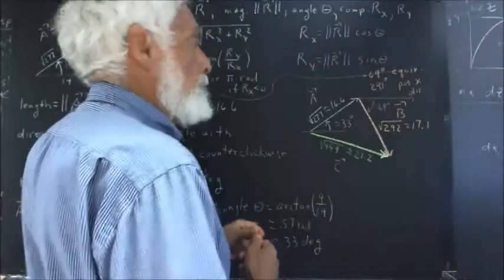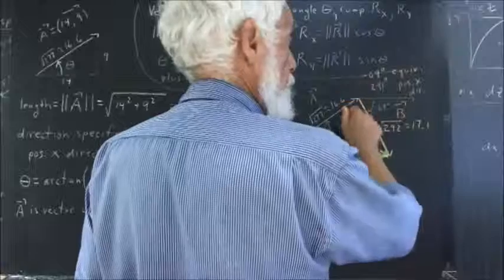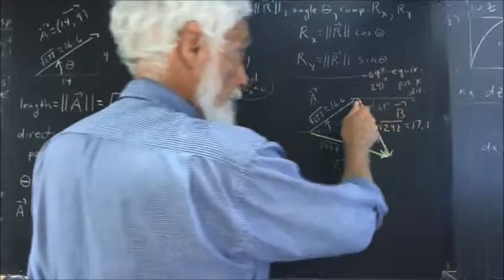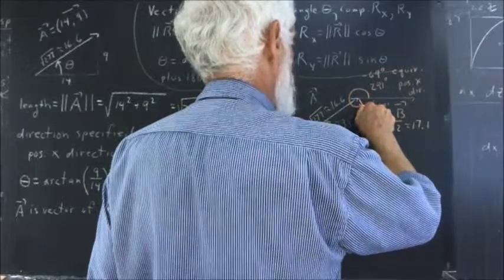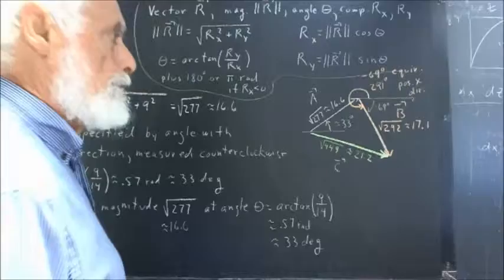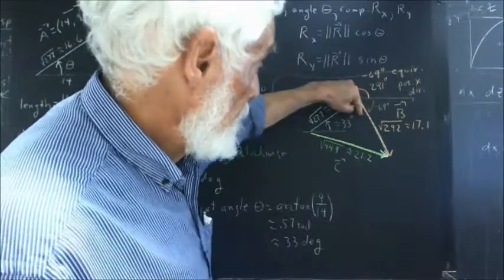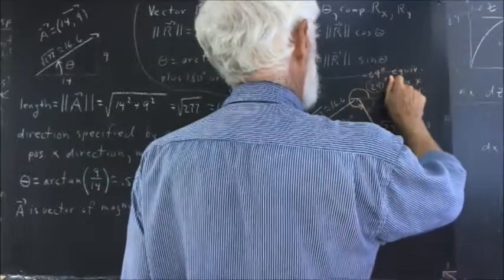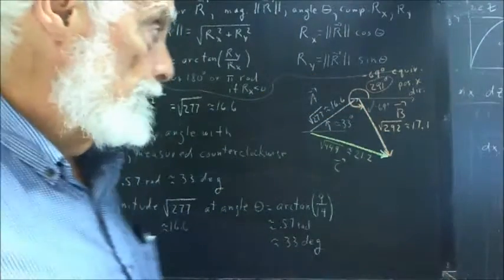If we go 360 degrees, we go all the way around here, and then come back 69 degrees, we're going to have this angle here. And that's 360 degrees minus 69 degrees, which is 291 degrees, and that's the angle we're going to use because we want to keep our angles between 0 and 360.